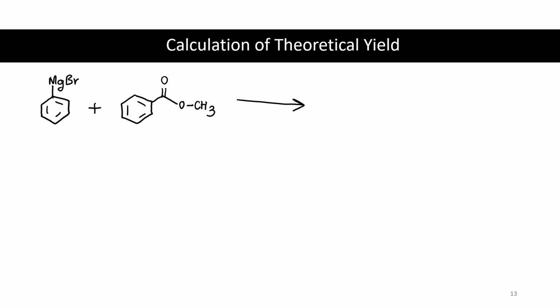This is my final slide about calculation of theoretical yield. Let's take a reaction from the Grignard reaction lab, where two phenylmagnesium bromides reacted with one methyl benzoate to give one triphenyl methanol.